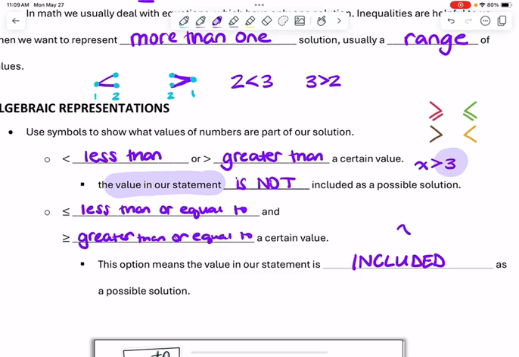So if I said x is greater than or equal to 3, 4 would still work, 5 would still work, 19 would still work as values for x that satisfy our inequality. But this time, with that or equal to portion underneath, I could also have the value of 3 as a possible solution because 3 is equal to 3, and because we're including values that are equal to 3, that value is included.